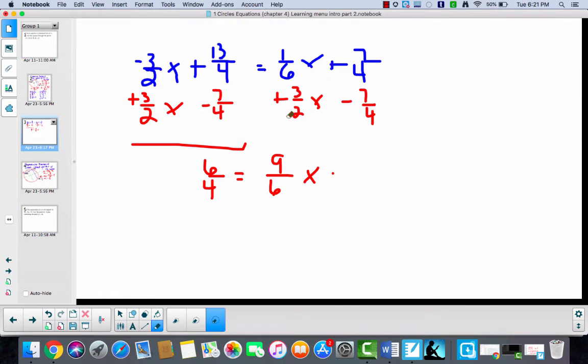I forgot to add this 1/6 to this. 1/6 plus 9/6 would give me 10/6, not 9/6. So I'm going to multiply this by 6 over 10, and whatever I do to this side, I have to do to this side.